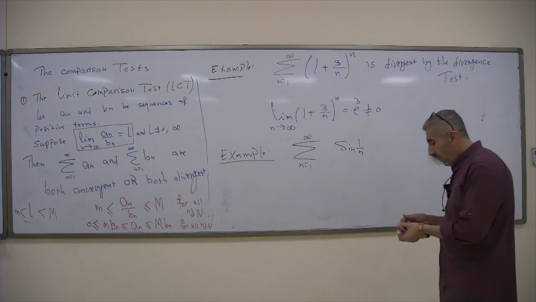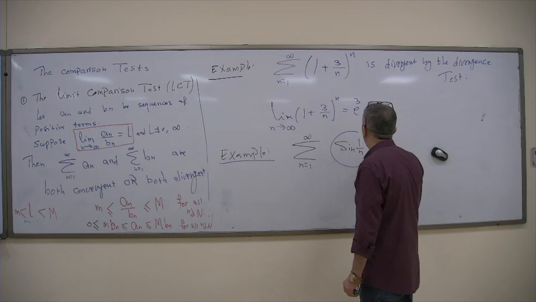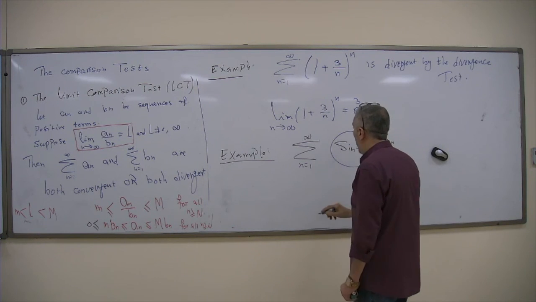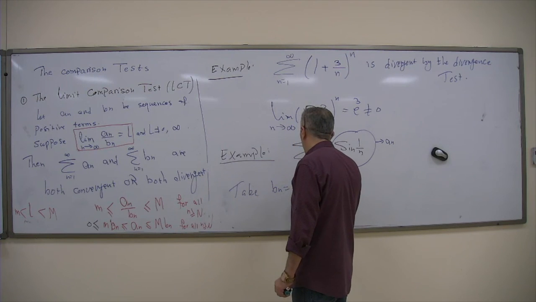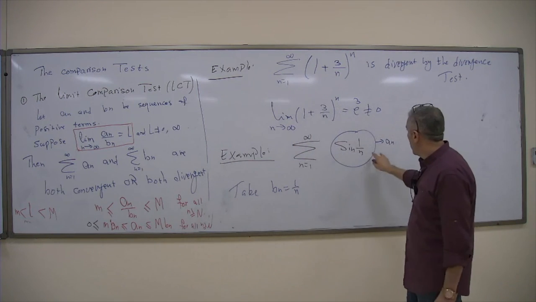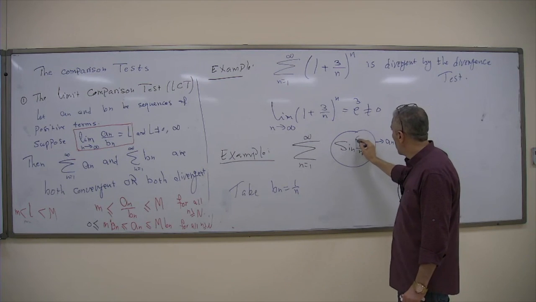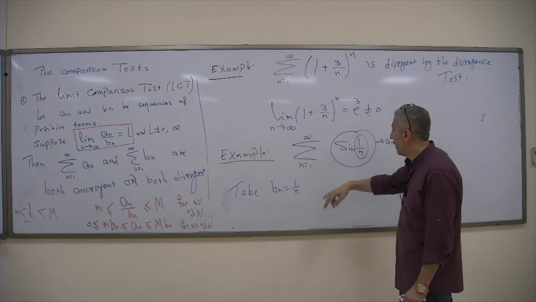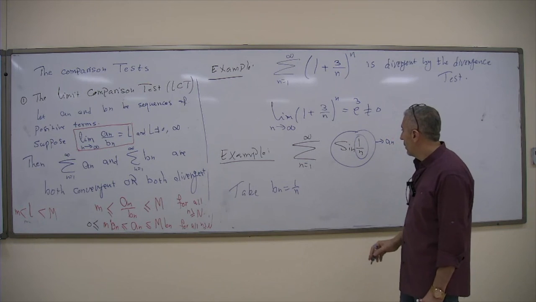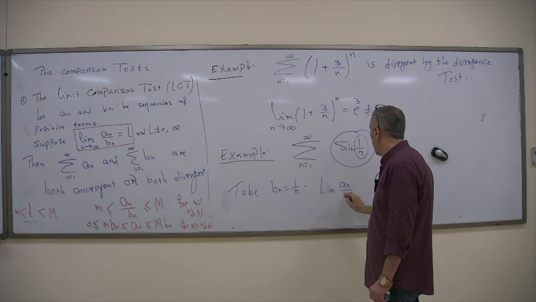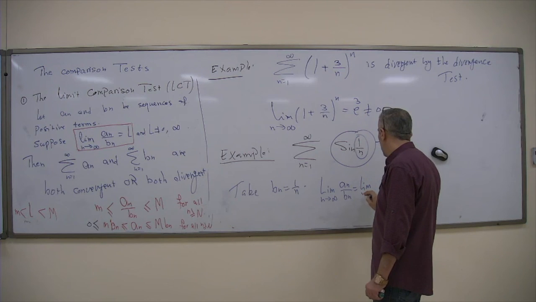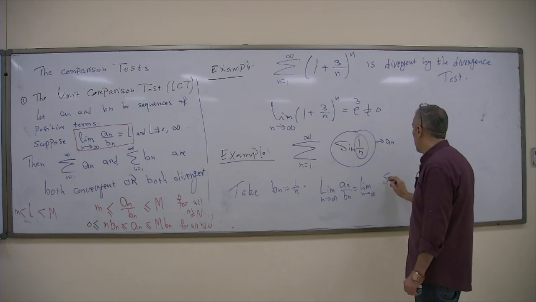Now, if I take this as an, and I take bn to be 1 over n, then when n is between 1 and infinity, this will be between 0 and 1, so this is positive. This is positive. So limit an over bn as n goes to infinity is the limit of sine 1 over n over 1 over n.